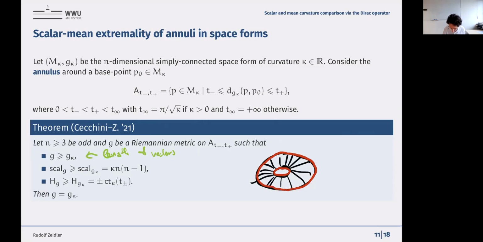It's always my convention that the mean curvature is computed with respect to the interior normal field. And then you assume this lower bound here. This means that it holds here and here on both boundary components.